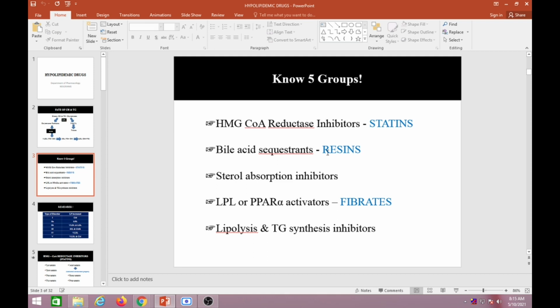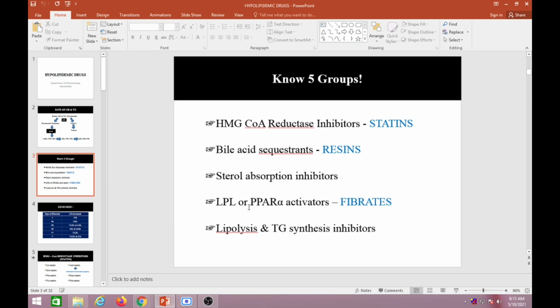Then bile acid sequestrants, known as resins, and steroid absorption inhibitors, which act on various receptors to decrease the amount of steroid compounds. Then LPL or PPAR alpha activators. PPAR alpha full form is peroxisome proliferator activated receptor alpha.